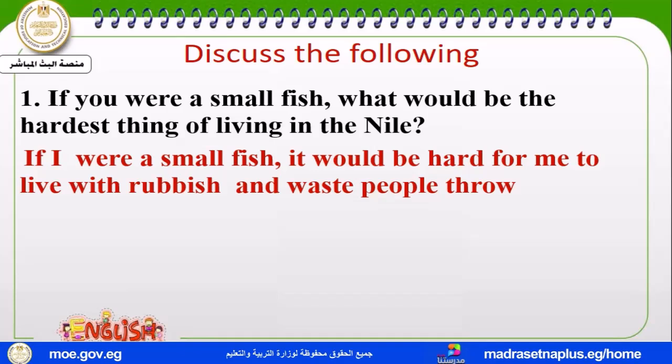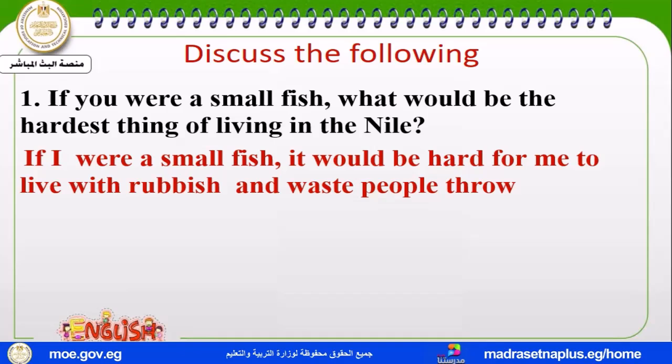People nowadays throw rubbish like plastic, paper, and waste in the Nile. These things make it difficult for the small fish to live. They cannot breathe well, they cannot eat well. So this is the hardest thing for me if I were a fish living in the Nile.